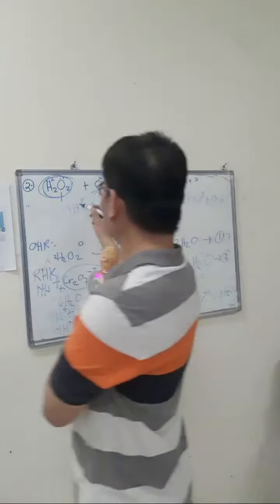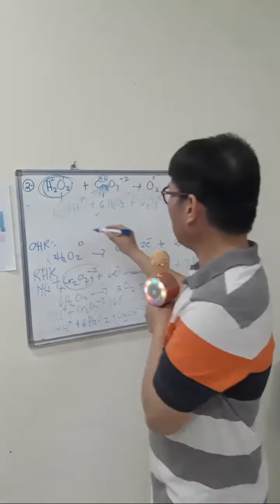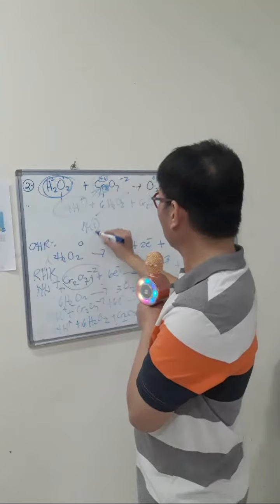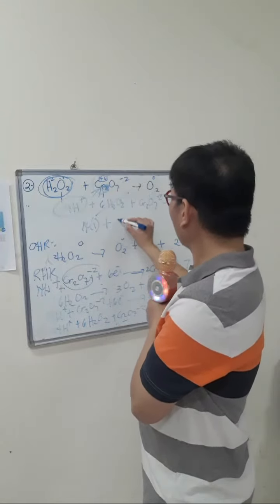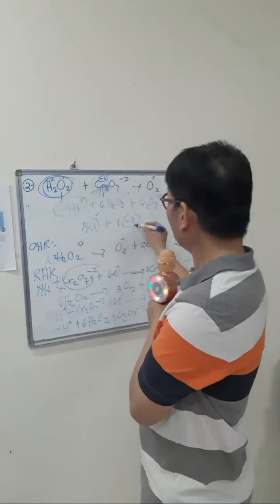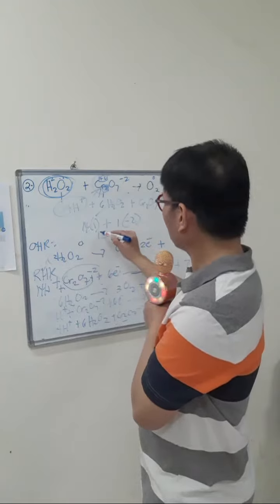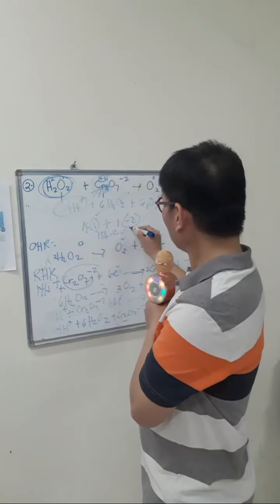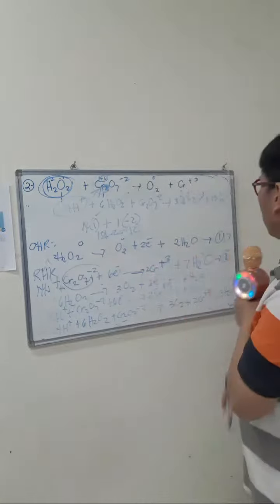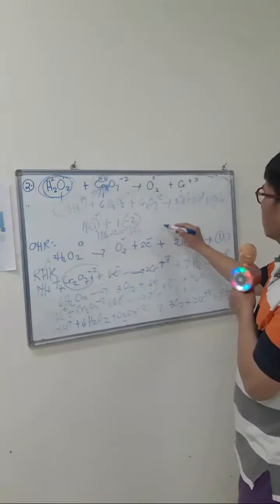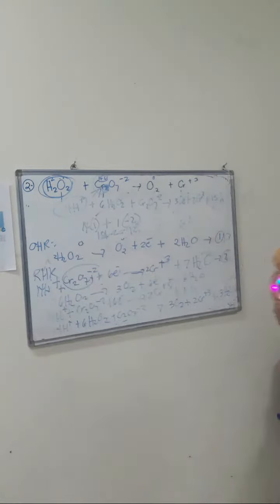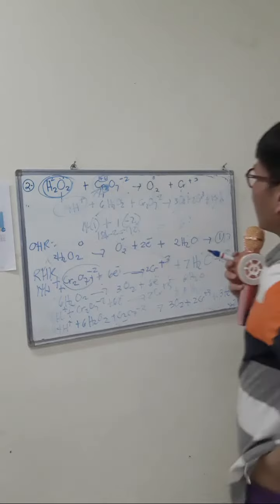And we have 14H, so 14 times 1, then plus 1 times negative 2, or 14 minus 2 is equal to 12. And then the other one, 3 times 2, is only 6. Okay, this is wrong. This is half and it's not balanced. The charges are not balanced.